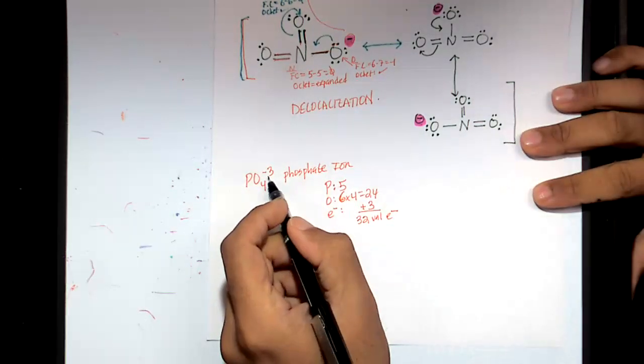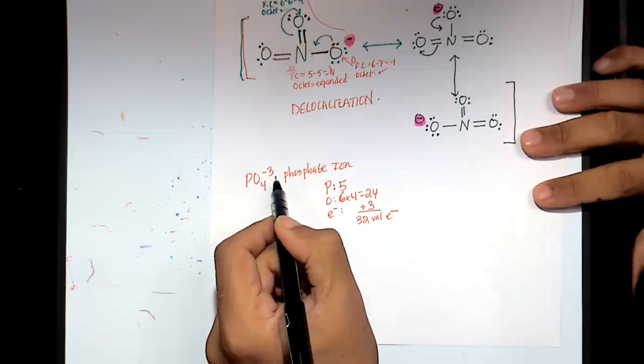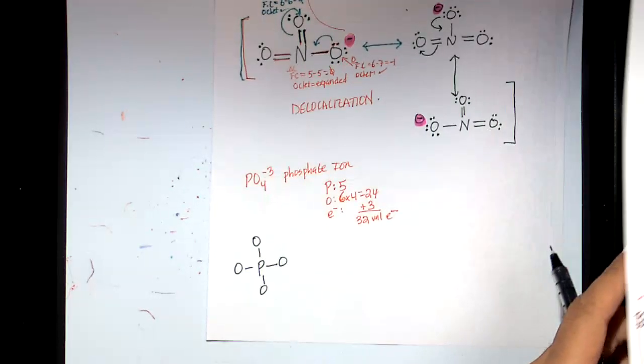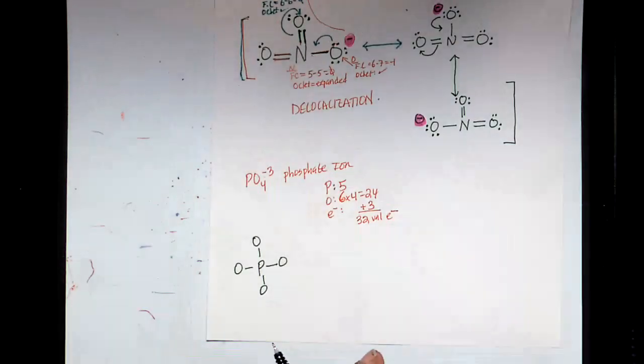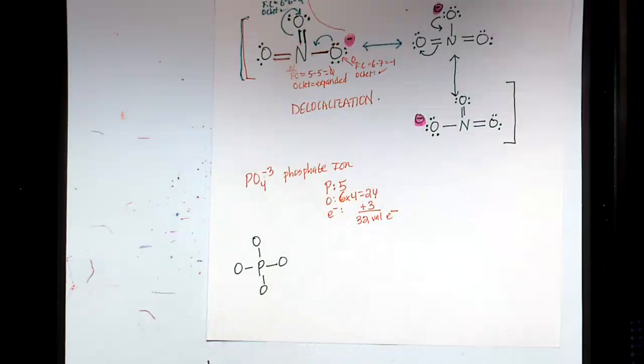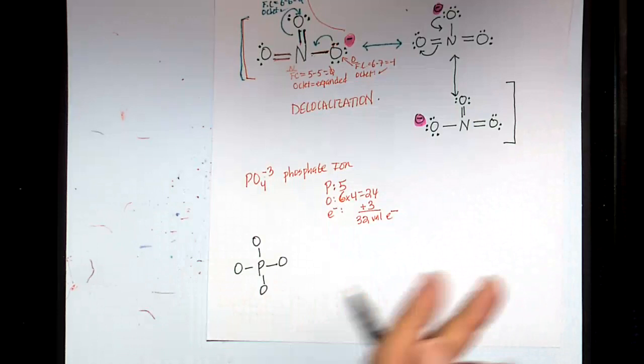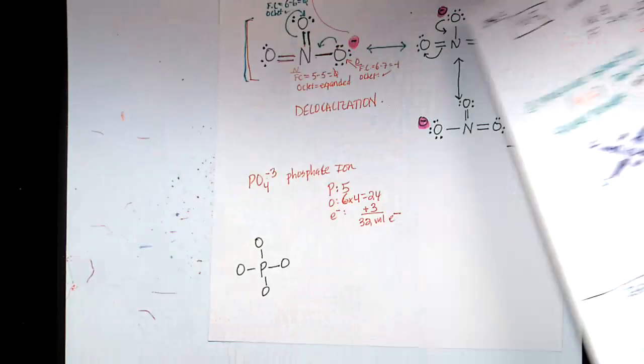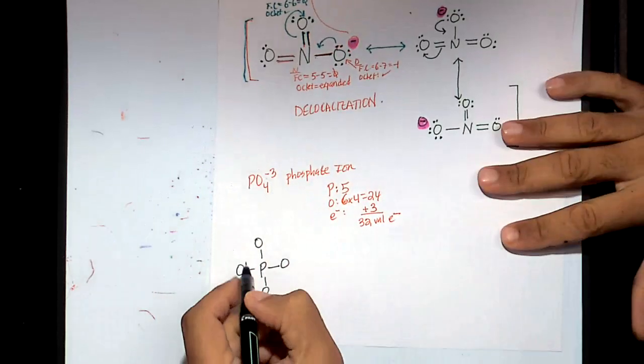What's our charge here, Zach? How do you think we'll get to -3? Have 1 double bond. Everyone see that? If this single bond is -1, this is -3, so yeah, have 1 double bond.